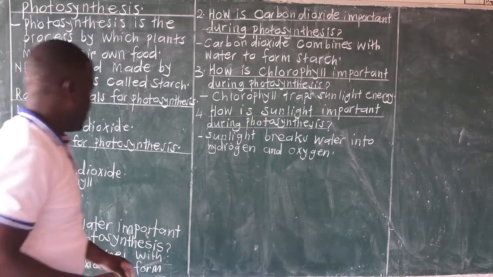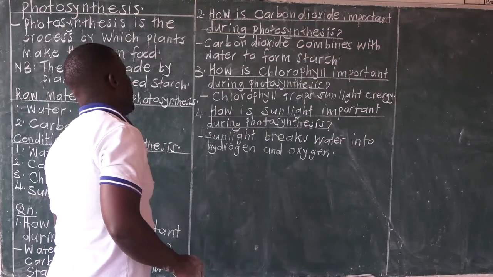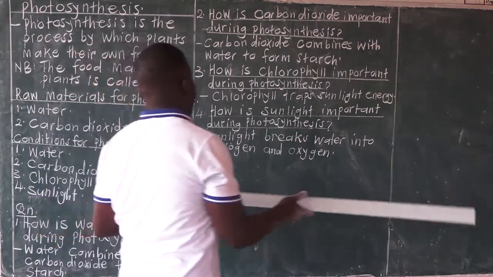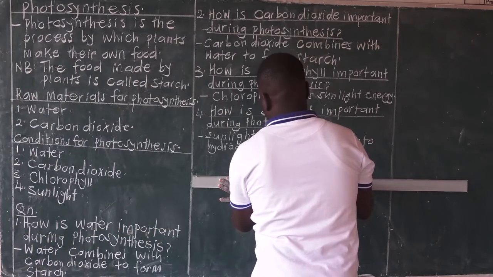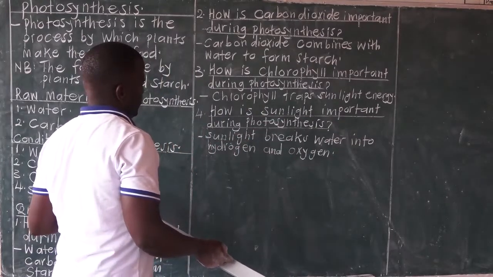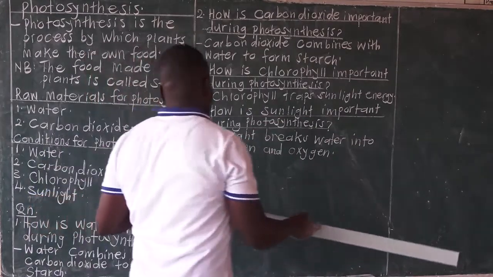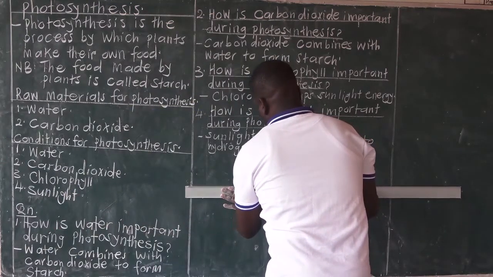Next, look at byproducts, or the product of photosynthesis. Okay, before we look at that, maybe we start with the formula for photosynthesis.